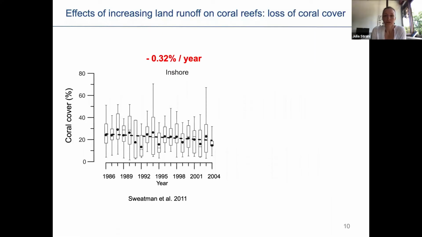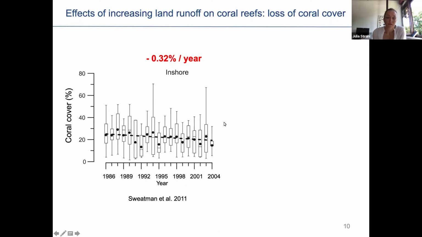And according to the reported negative effects, the coral cover of reefs around the world is decreasing, and that has also been shown for the reefs in the Great Barrier Reef, and especially in the inshore region.